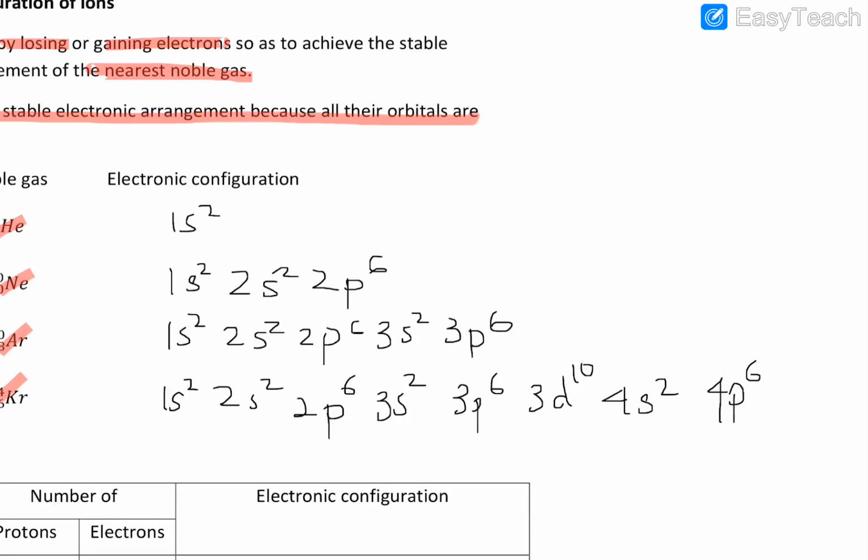So these are the electronic configurations, and you can see the last subshell is completely filled, so 2s2p. The energy level is completely filled. Here 2s2p completely filled, 2s2p completely filled.